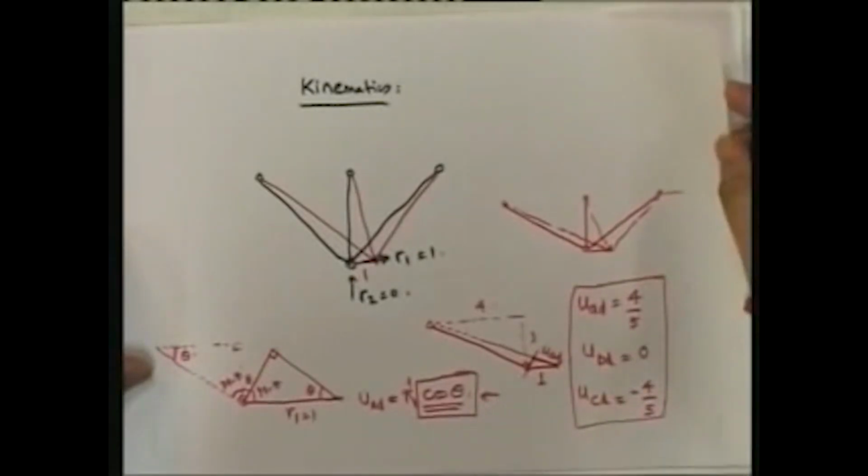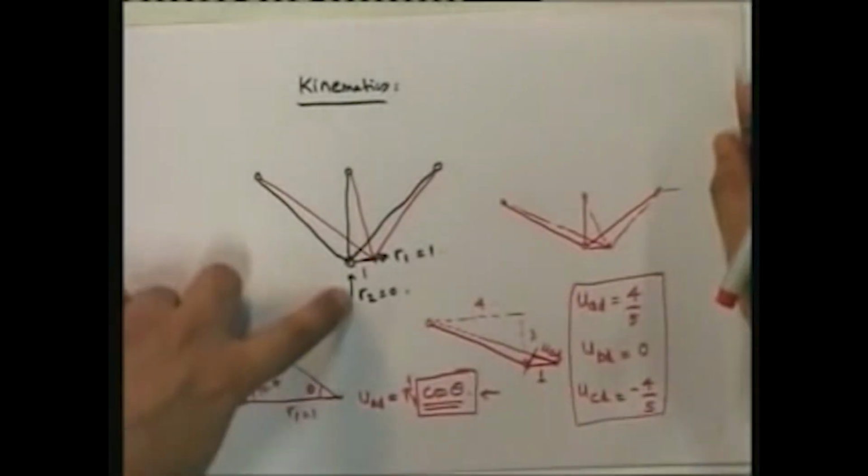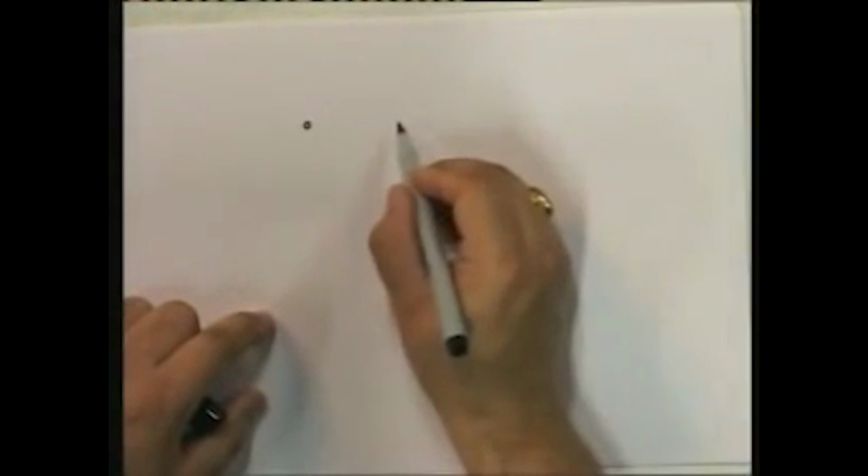Similarly, you will see that corresponding to R2, you will see from the kinematics. In other words, the kinematics for trusses is actually very simple. It doesn't get very complicated. For trusses, you can actually write it down.